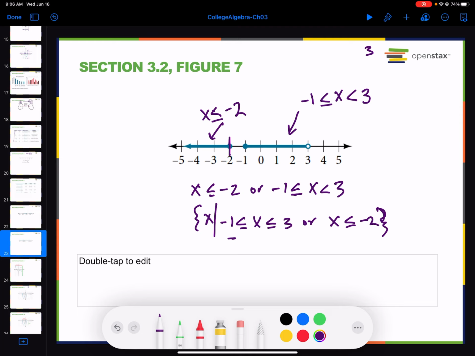So our interval notation is -infinity to -2 inclusive, and inclusive -1 to 3 not inclusive. So there's your interval notation. Your inequality notation, because we're only using inequalities in that one. Here's your set builder notation, and here is your interval notation.